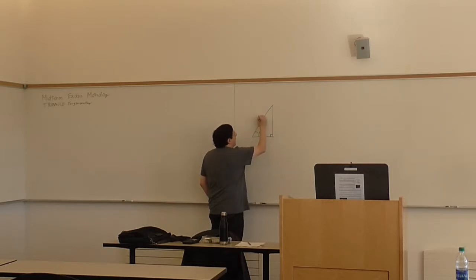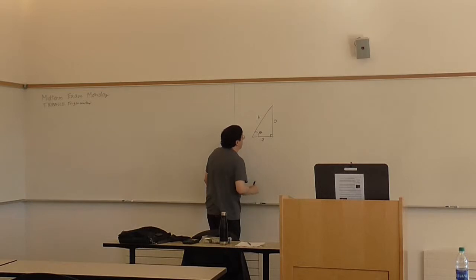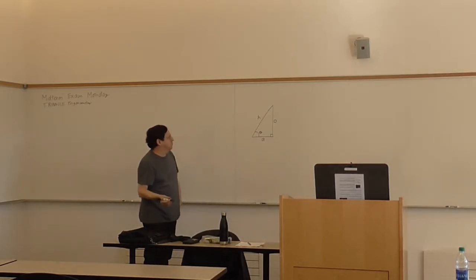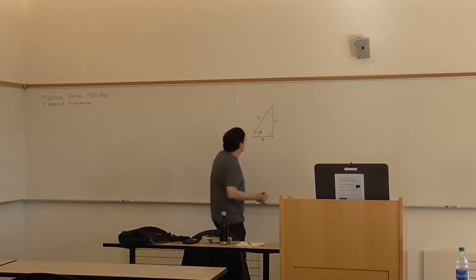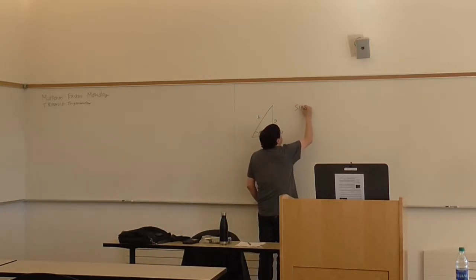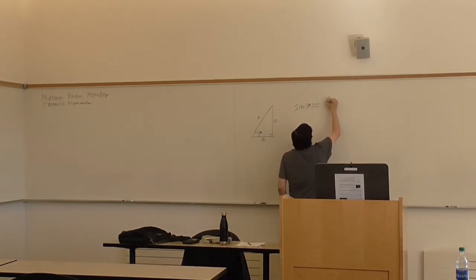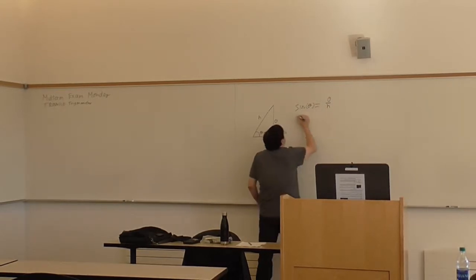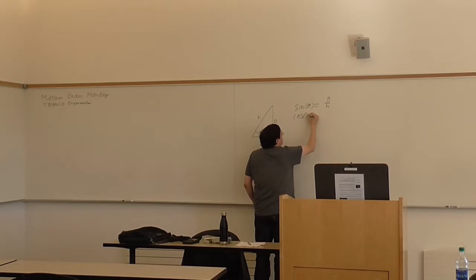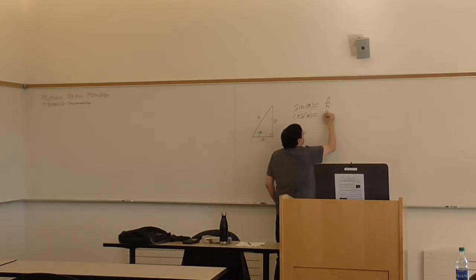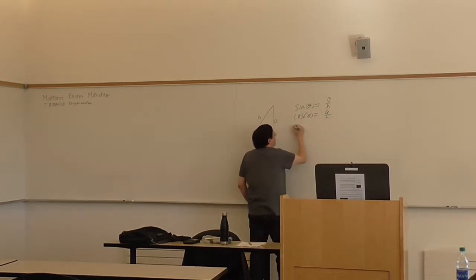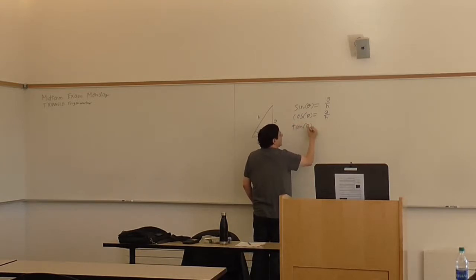and I have my hypotenuse, my opposite side, and my adjacent side, we define some trigonometric functions in terms of this. We said the sine of theta is the opposite over the hypotenuse, cosine of theta, the adjacent over the hypotenuse, and we'll work more with the tangent at some point.